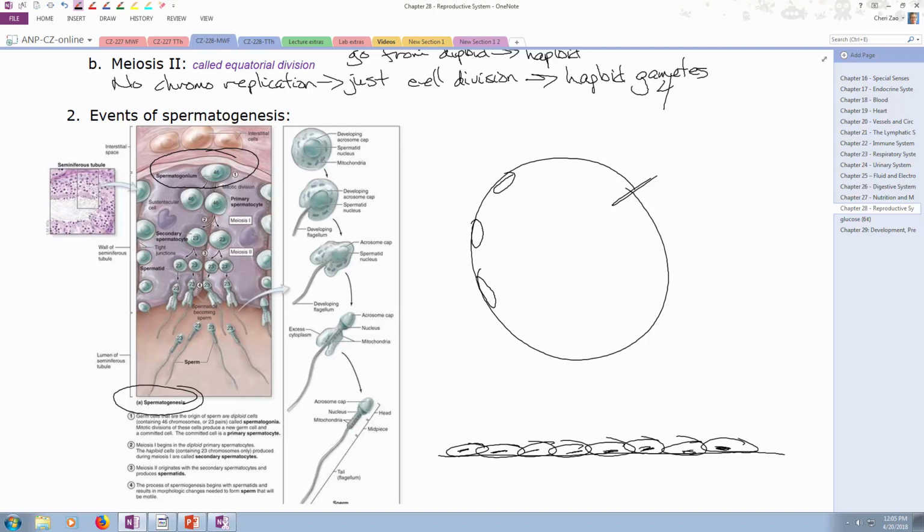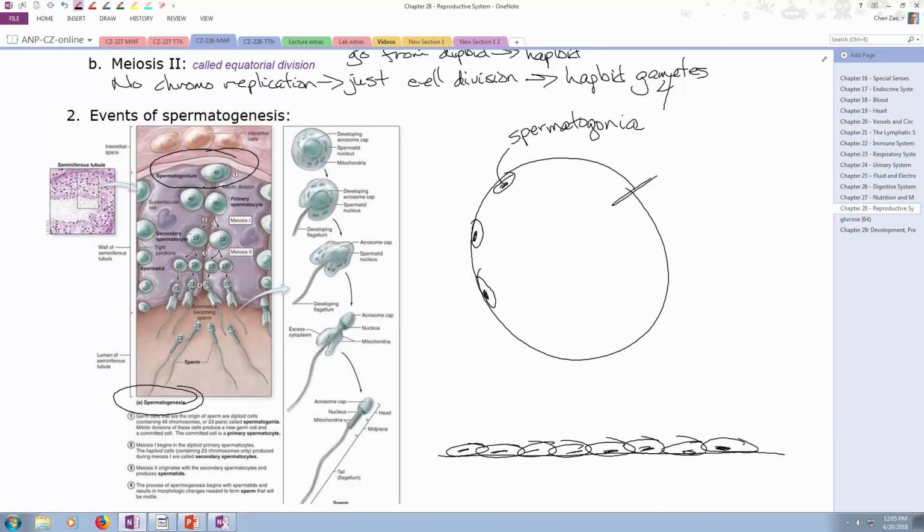So these guys are mitotically active, and they are called spermatogonia. So they're going to populate that area.